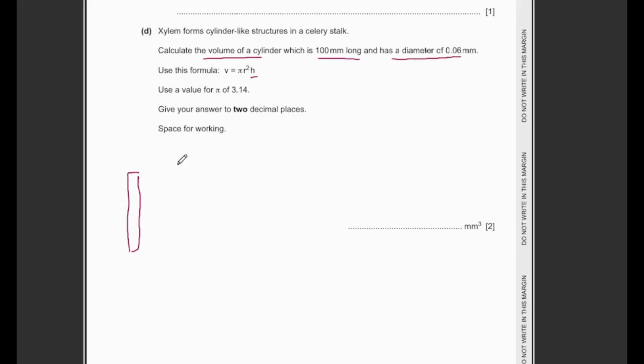So volume equals 3.14, which is already mentioned as the pi value, into r. R is what? Radius. The diameter is this much, so the radius should be half of it, 0.03 into 0.03, into h. H is how much? Height is 100 mm, and this is also in mm only.